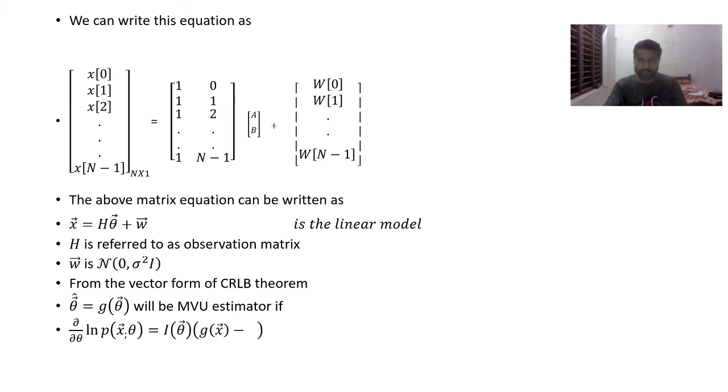I call this equation 1, for some g of x. Further, the covariance matrix for the vector theta cap will be I inverse of theta.